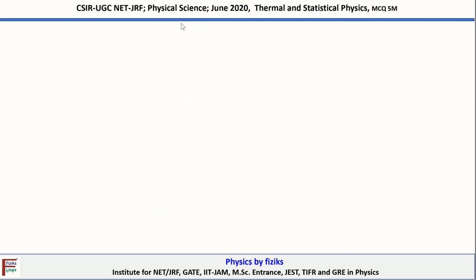Now we have to determine the average value of E. So let's see how we are going to do it. The average of E is given by the simple relationship for determining the average of a physical quantity: the integral from 0 to infinity of E exponential minus beta E dx, divided by the integral from 0 to infinity of exponential minus beta E dx.